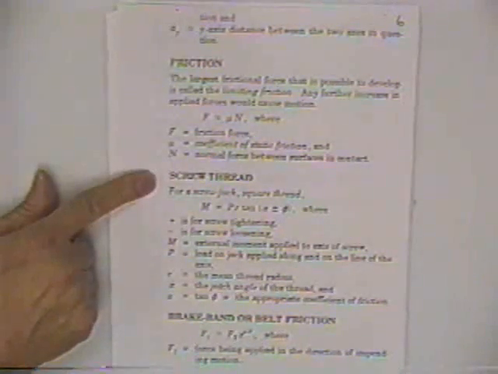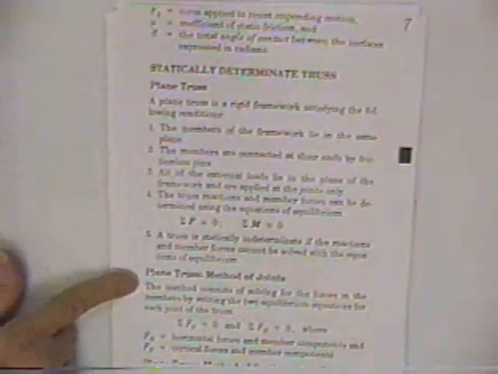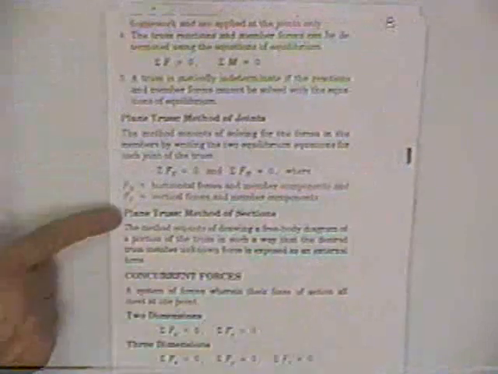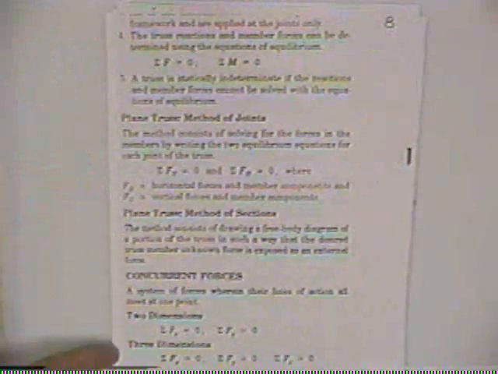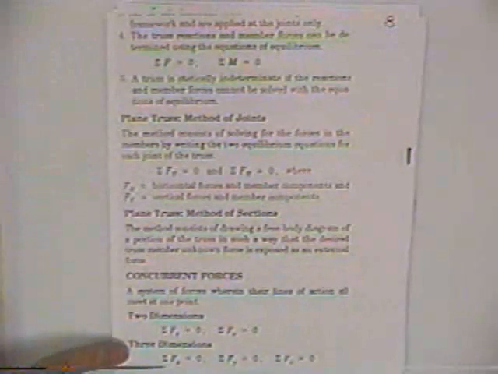Square thread screw jacks, brake band or belt friction, statically determinate trusses, plain trusses by method of joints and by method of sections, and then concurrent forces in 2 and 3 dimensions.